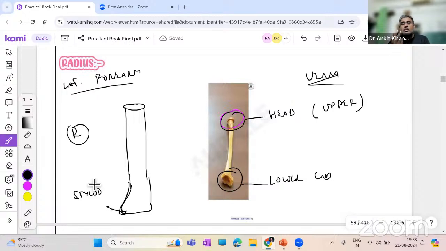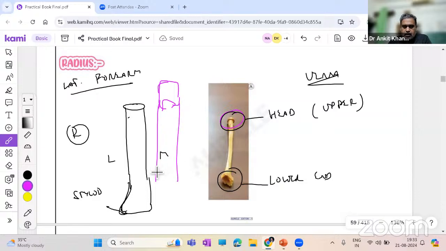You can even feel it, because this lower end is easily palpable. It is projected outward or laterally. This is the lateral side, that is the medial side. So the head and lower end are expanded, with the more expanded lateral aspect having the styloid process. This is how you can identify the radius. Then suppose this is the radius and I try to draw, okay, here I'm trying to draw this side.